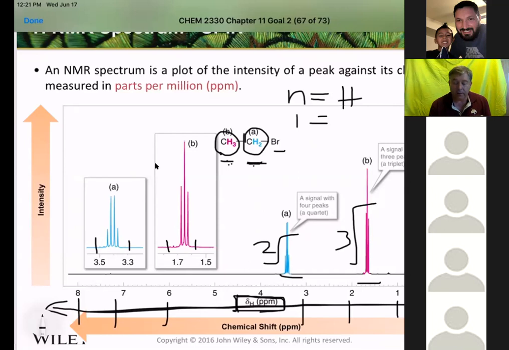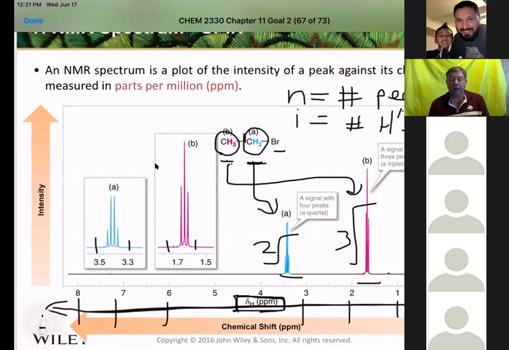We have 2 hydrogens attached to this carbon and 3 hydrogens attached to that carbon. So we know exactly how many hydrogens we have because of this intensity. So this is number of peaks, and the intensity tells us the number of hydrogens compared to the other hydrogens.